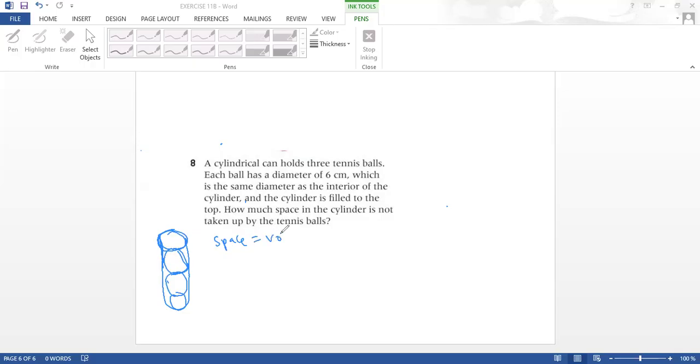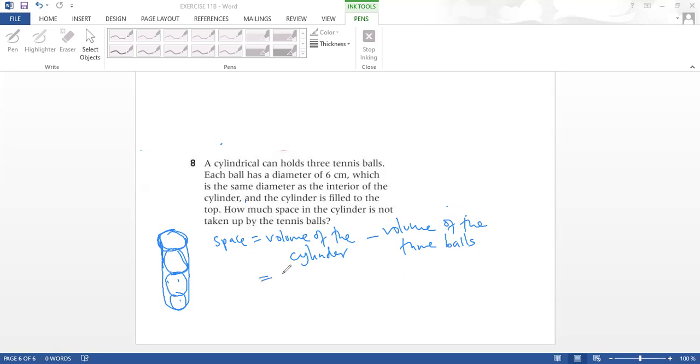So the space will be given by the volume of the whole cylinder, subtract the volume the 3 balls have occupied. So we have 3 balls, 1, 2, 3, they have occupied some volume, and then we have the cylinder, but they have left some spaces here, and that's what you are calculating.